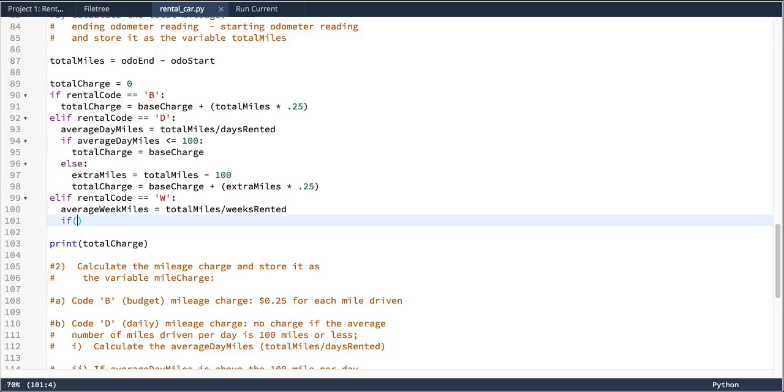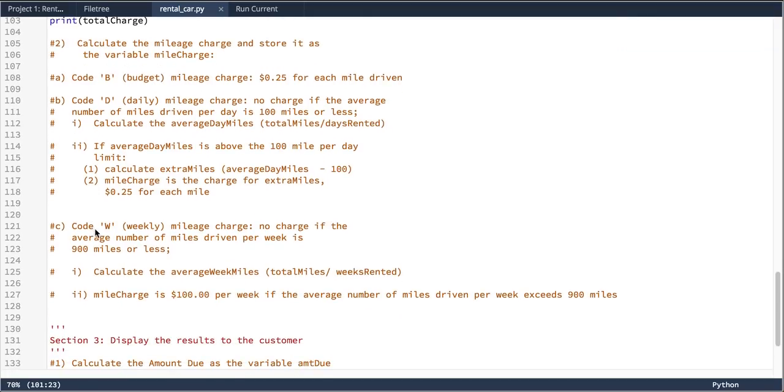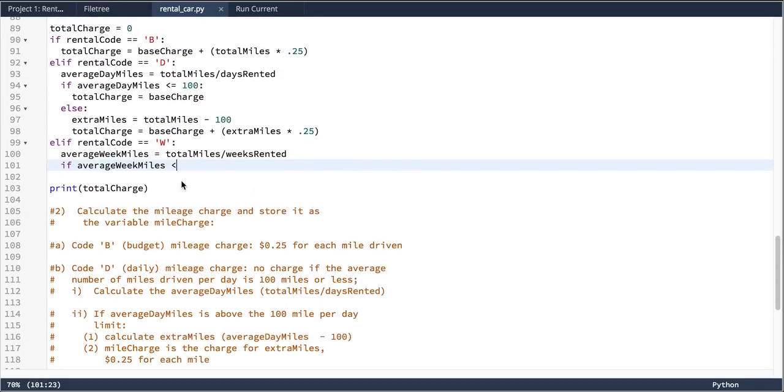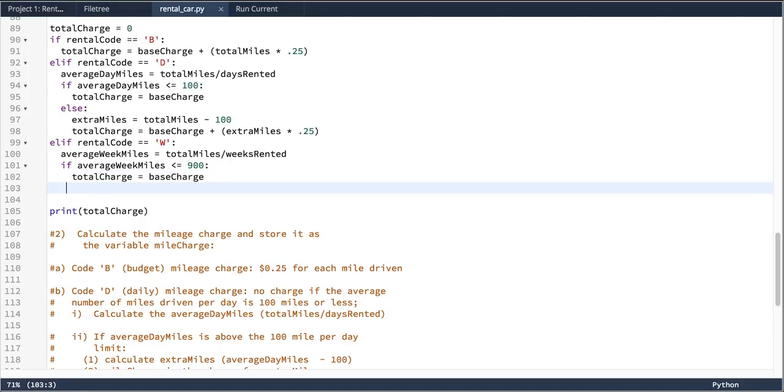So if average week miles is, what is it? It tells us down here, if the number of miles driven per week is 900 or less, is less than or equal to 900, then total charge is base charge. Okay?